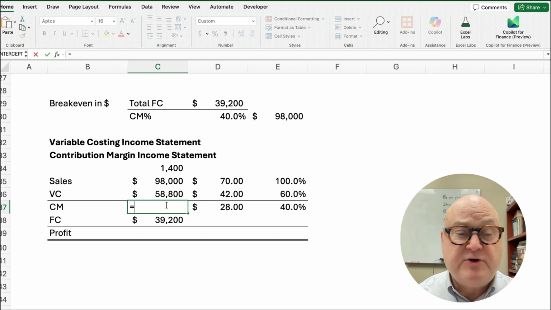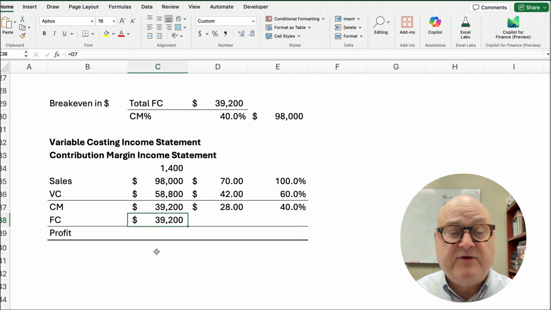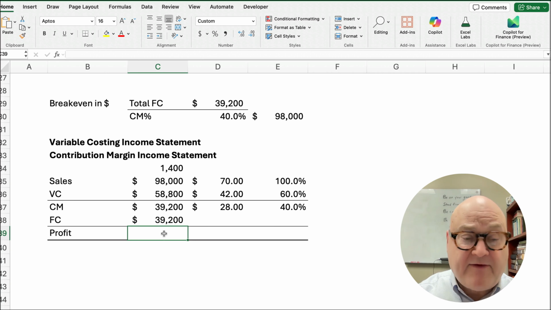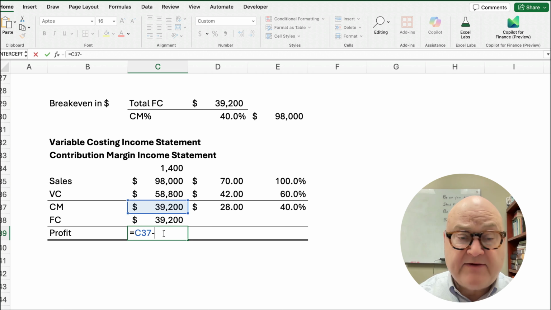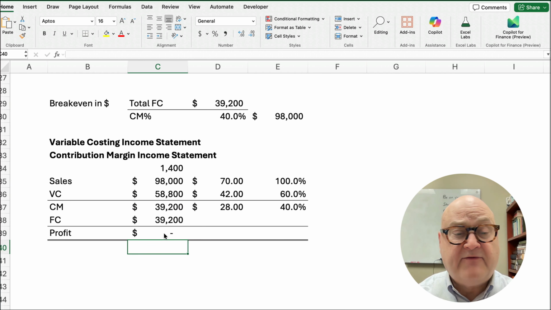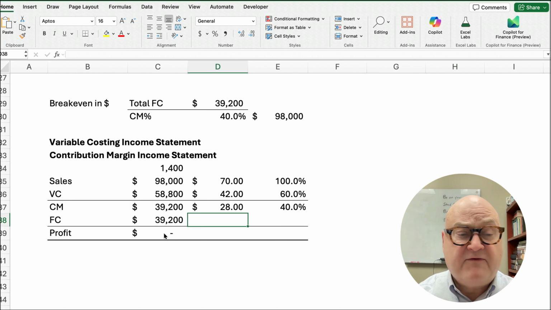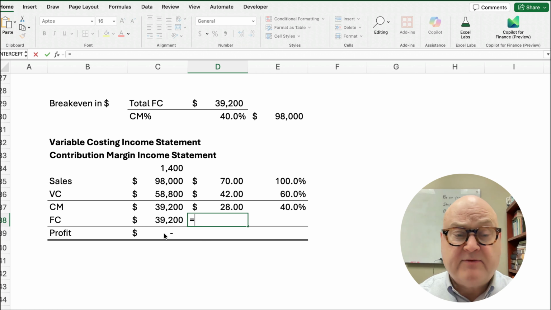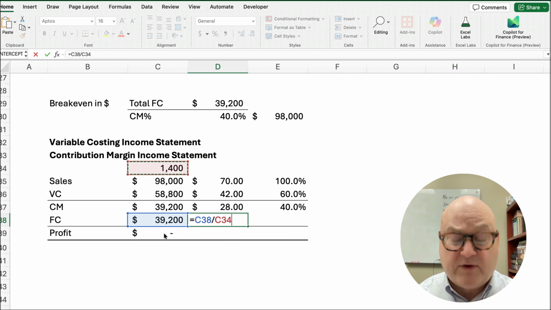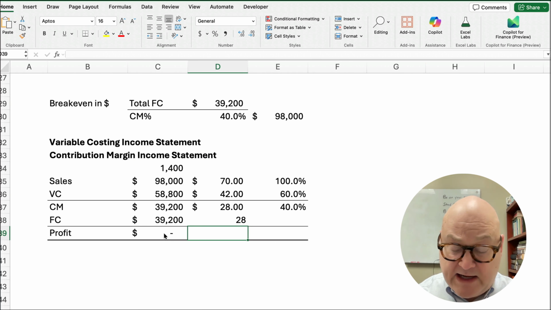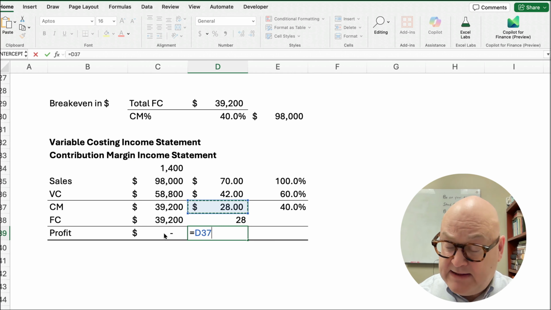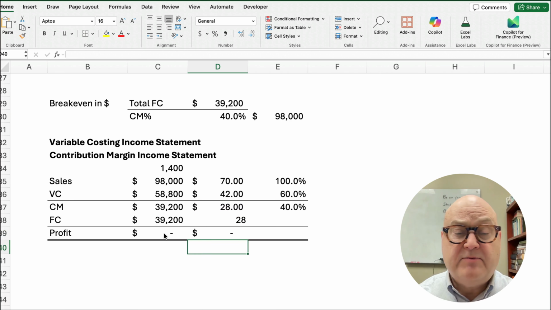So what's our contribution margin? 98,000 minus 58,800 is 39,200. So what would our profit be? 39 minus 39, and we're left with 0 profit. Okay? Well, what would our fixed cost be per unit? Well, fixed cost divided by the number of units, 1,400, would be $28, and then 28 minus 28 would be 0.